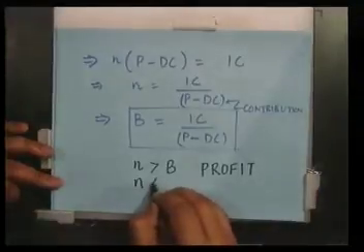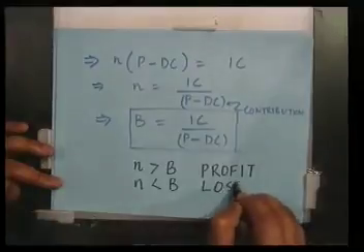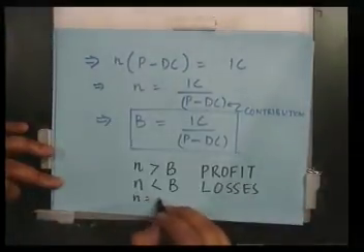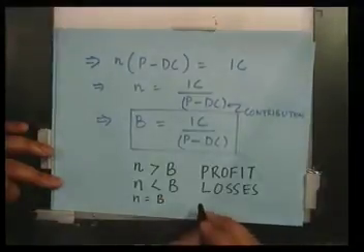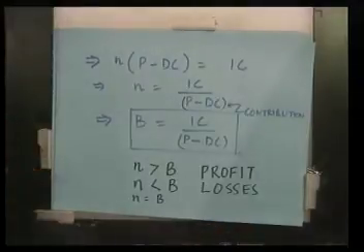If N is less than B, company is producing losses. If N is exactly equal to B, the company is neither making any profit nor making any loss.